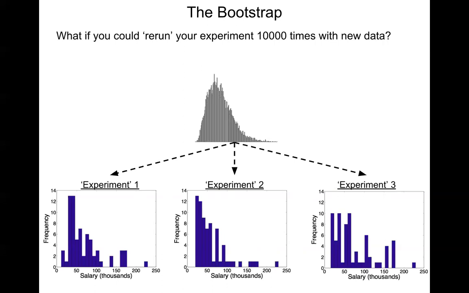I can't ask everybody, but I can do these small studies around the US and rerun my experiment a whole bunch of times, and then I'd have a pretty good idea of how uncertain I should be in my measurement, because I'll get 10,000 different values for it.